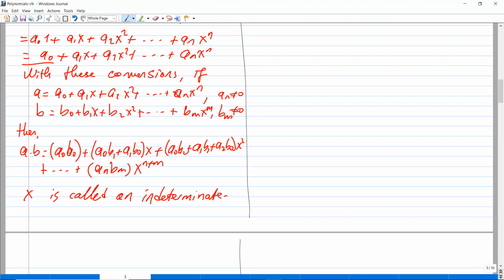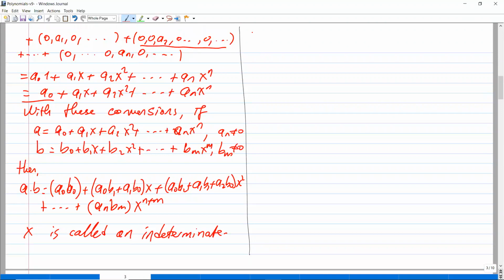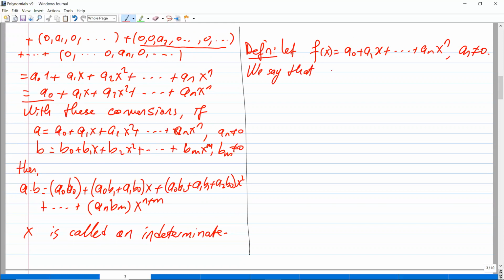Okay, so here is the definition, which you probably know from polynomials over the real numbers. Let f of x be this polynomial, a0 plus a1 x plus ... plus an x to the n, where an is not 0. Then we say that the degree of f is this highest power, which is n.